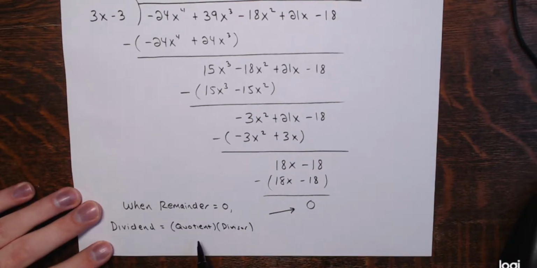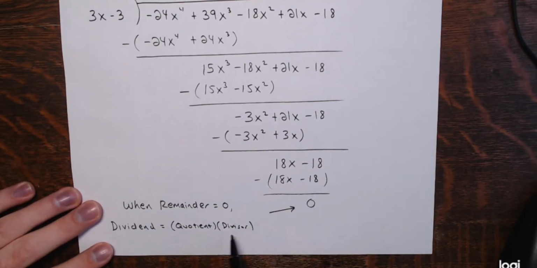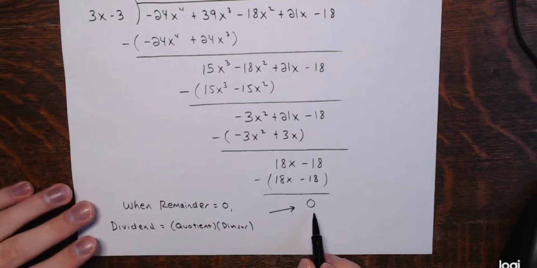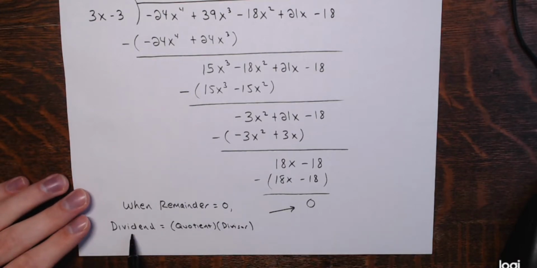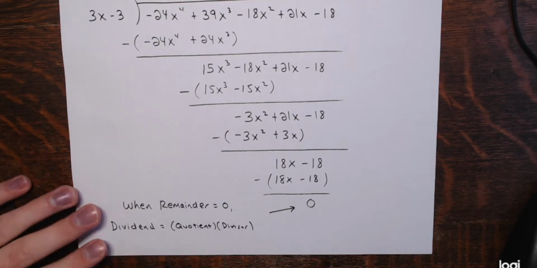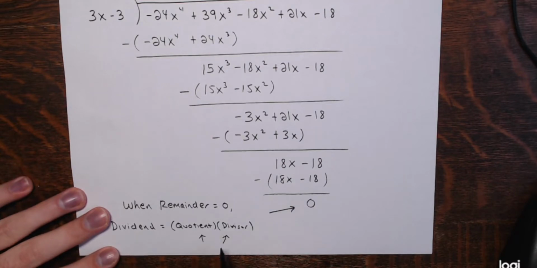So basically, when the remainder is 0, we can factor the dividend. These two are factors of the dividend.